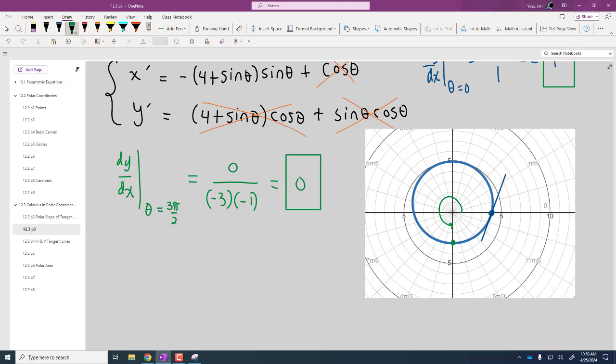The tangent line is in fact horizontal. That matches. So that's what's going on. It's a very flat cardioid. Very flat cardioid. It's a fat boy. Not circular at all. It's not circular, not at all.